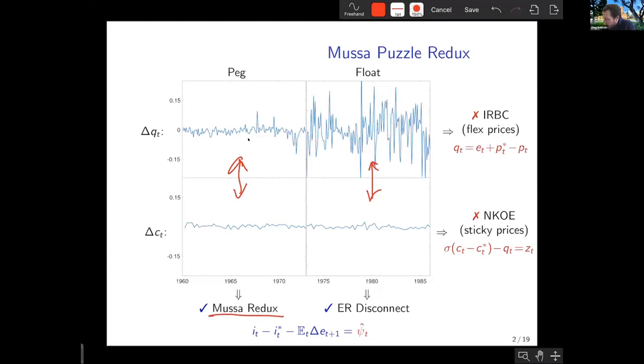And so what we argue is essential in a model to match it is not just shocks to risk sharing, not just the UIP shocks, but in fact that these shocks are endogenous to the monetary regime, that the volatility of the shocks endogenously changes when you go from a peg to a float, right? We argue that this is the only way to match these facts. Then the question is, what types of models can do that and what types of models cannot?